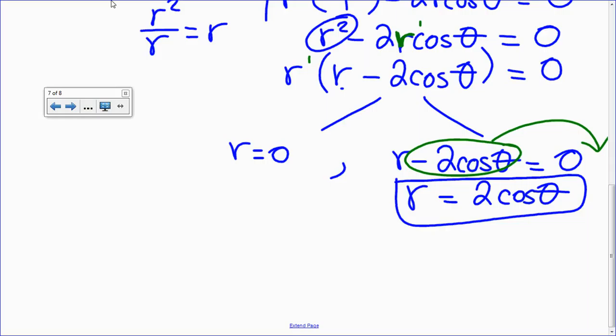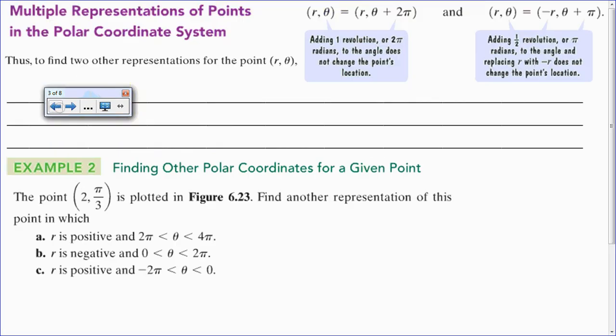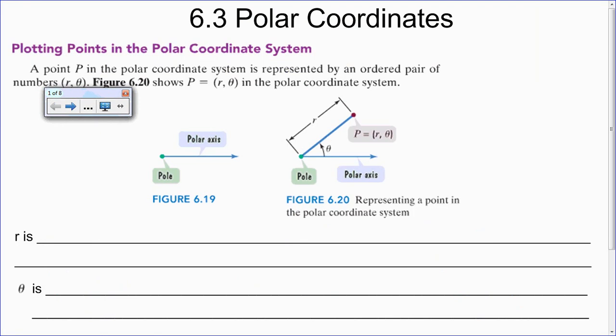Now let me see what the book says. I'm reading from the book: the graph of r equals 0 is a single point. Do you guys remember the very first slide of this section, where we defined the origin and changed the word for that? We call it the pole.